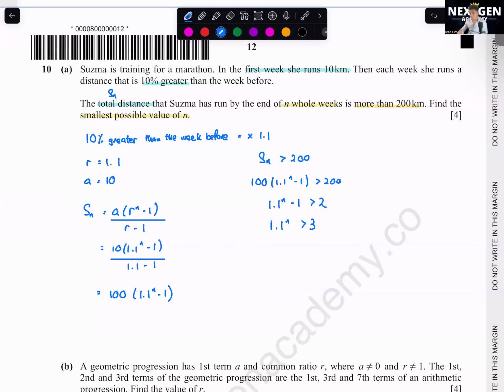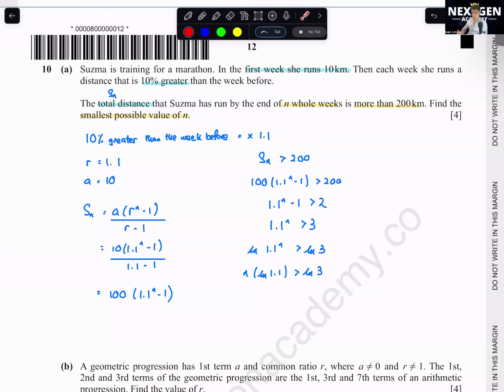Now, you've got an unknown power, so you will use log or ln here. Log or ln, up to you. But I want you all to take note for this type of question. Which one do you all prefer? Okay, let's use ln. ln of 1.1 to the power of n is more than ln 3, so n ln 1.1 is more than ln 3. Whenever you see an inequality and you are solving with log or ln, you need to check whether the ln value or the log value is positive or negative.